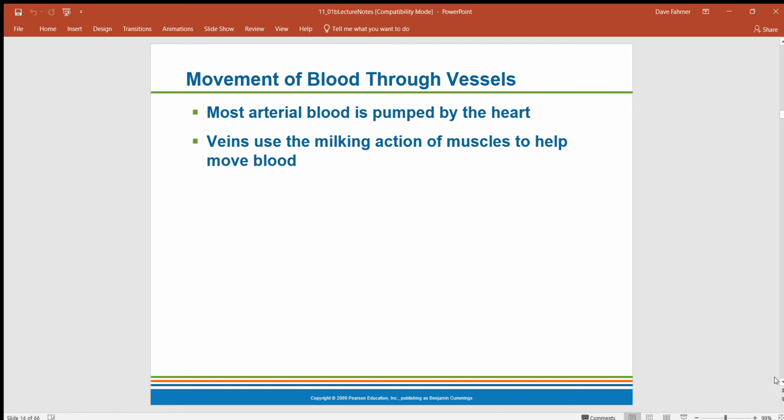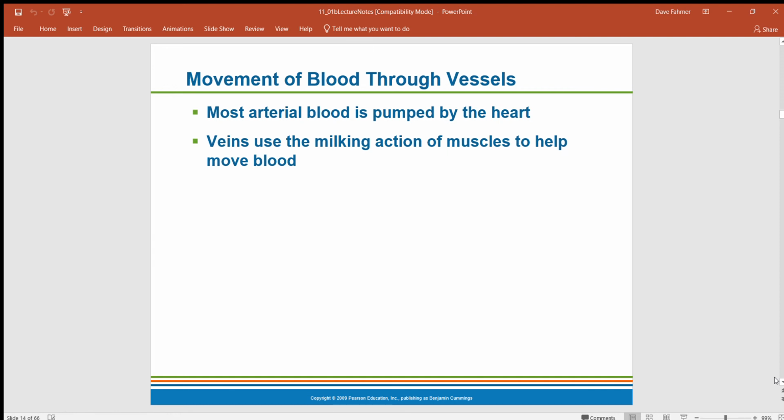The exceptions are that when we pump blood out of the heart to the lungs in the pulmonary circulation, we're going to be pumping deoxygenated blood into the pulmonary arteries. So the pulmonary arteries are carrying deoxygenated blue blood to the lungs, and then they're going to carry oxygenated rich red blood back to the left side of the heart by way of the pulmonary veins.